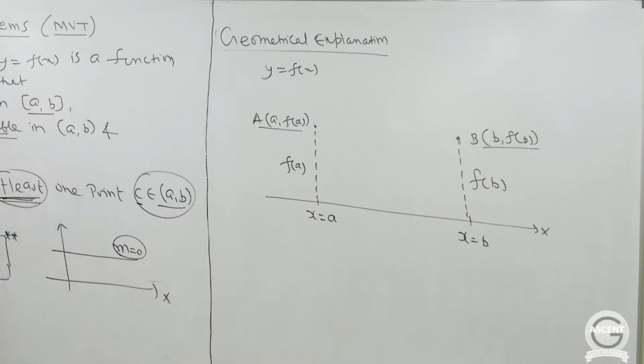So this theorem says that there will be at least one point c, whatever be the graph of this function y equals f(x), where the tangent line will be parallel to the x-axis, because f'(c) is the slope of the tangent, and if the slope of the tangent is 0, then the line must be parallel to the x-axis.